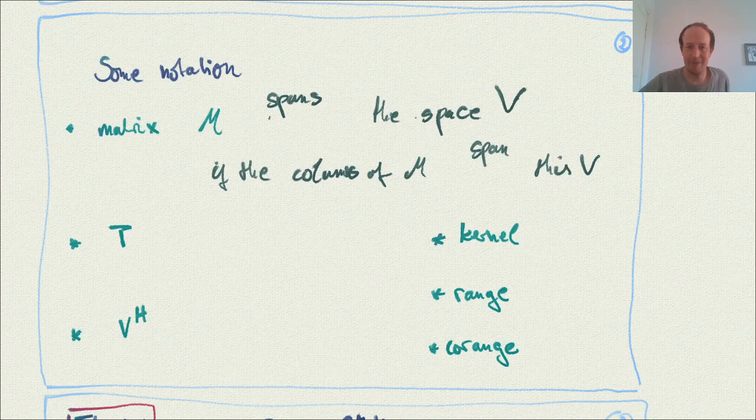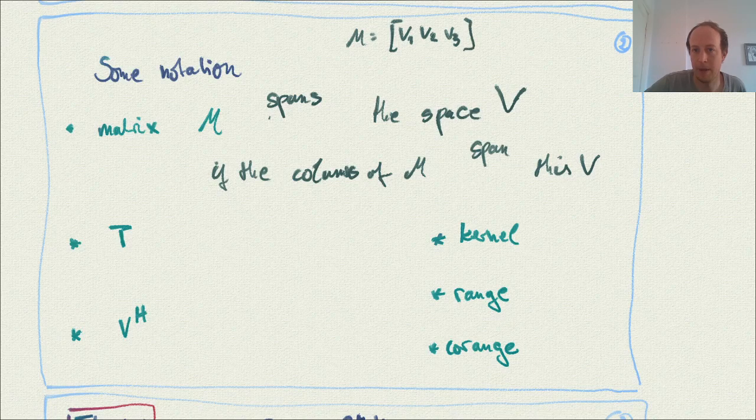We can say that, but that's not what we meant. A single matrix will span only a one-dimensional vector space, but if M was these columns v1, v2, v3, then we can identify this with the span of v1, v2, v3. Okay, that's how we say that this matrix spans the vector space.